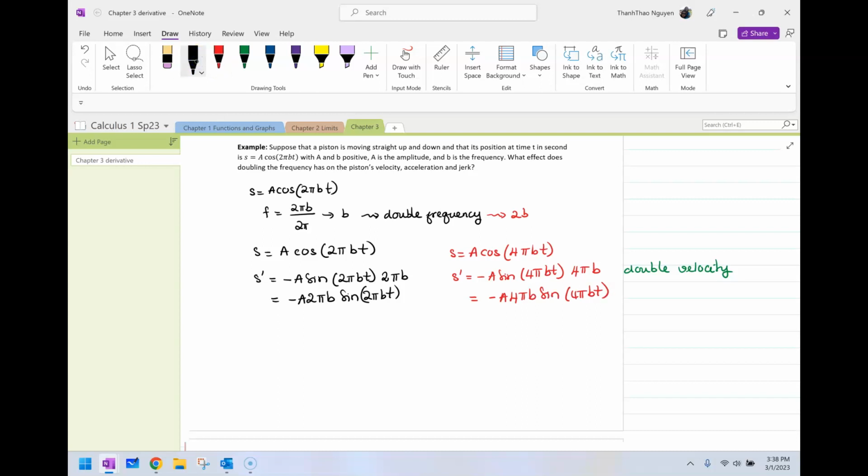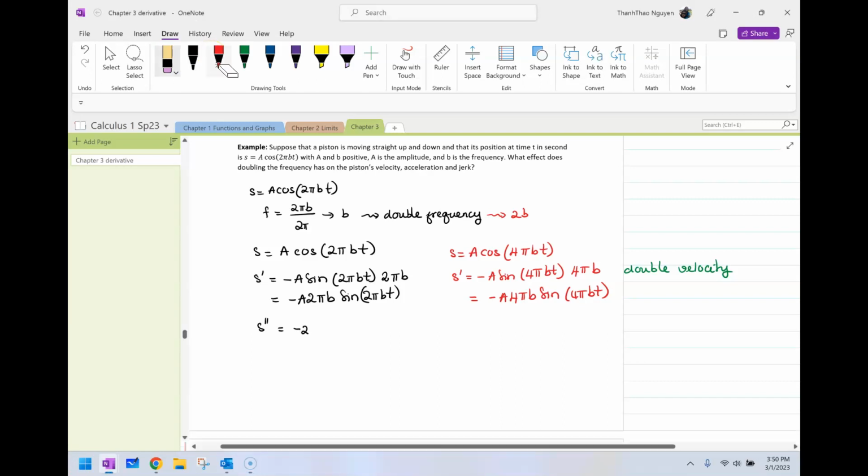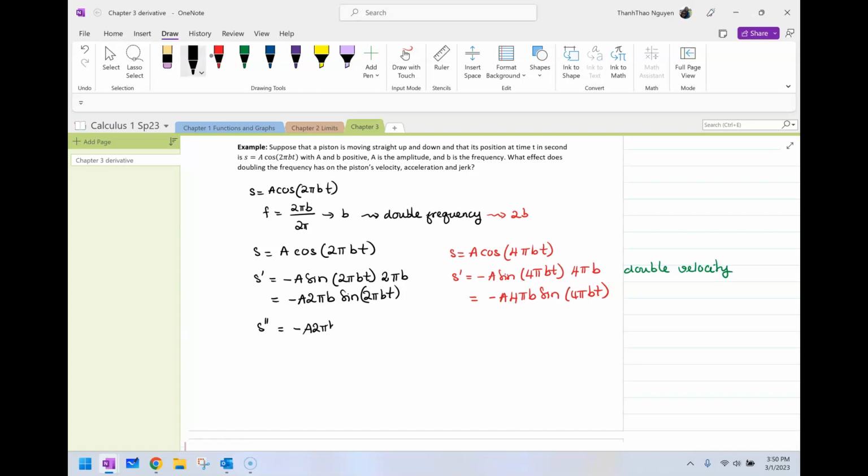Okay, so acceleration, that is the second derivative. We'll clean this up a little bit.